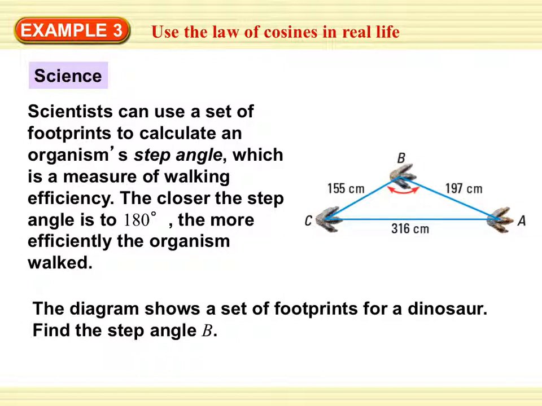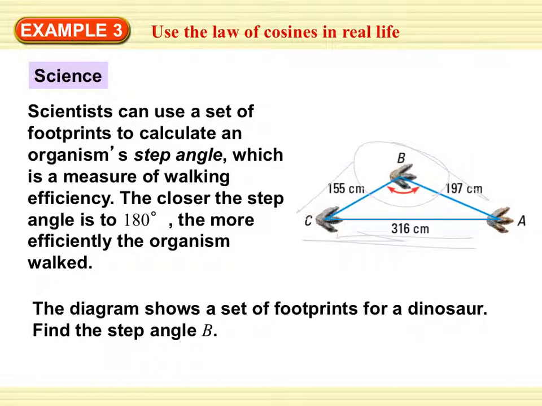So it looks like I have side, angle, side. Actually, it looks like I have side, side, side, right? I have all the sides. I'm trying to find the angle.